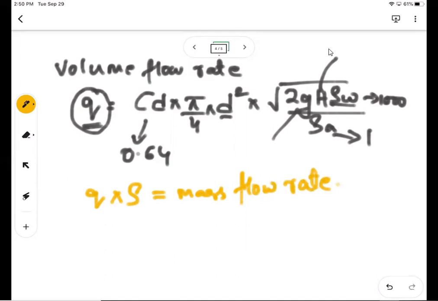So you can get a mass flow rate, which is equal to small m, from this expression. Once you get this, we'll go to the second part. So this is the first.